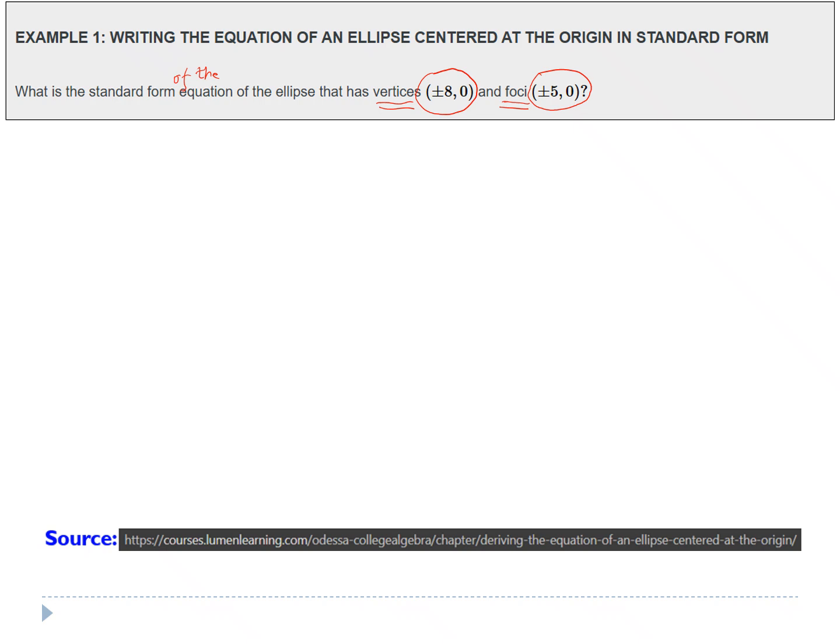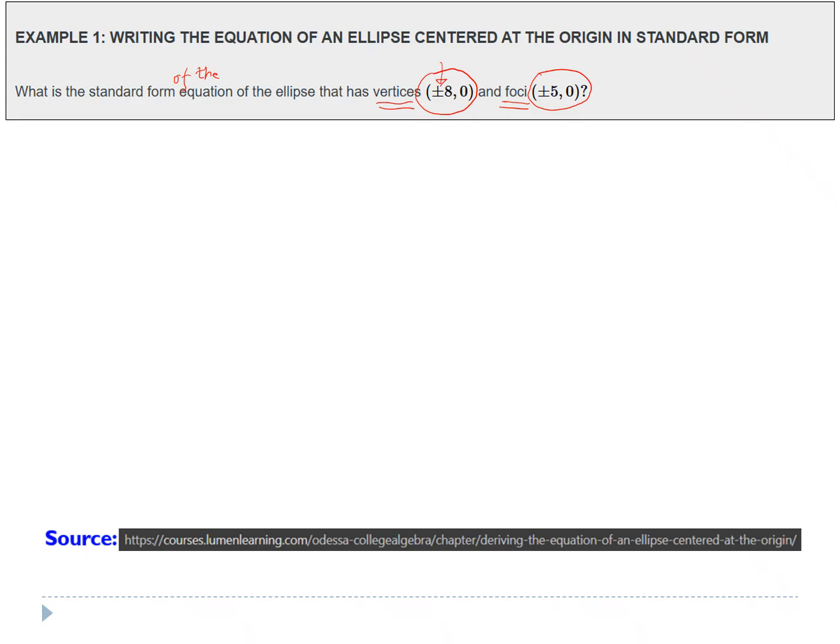So how will you determine the major axis of this equation? The vertex will be determined, class, by looking at the first value here, which is plus and minus 8.